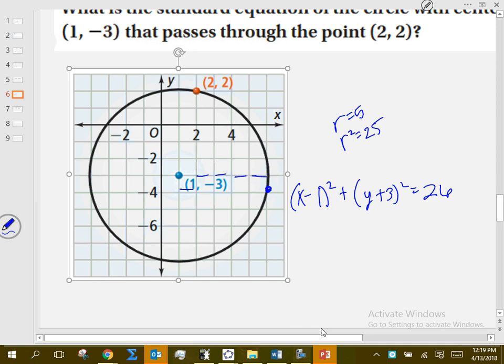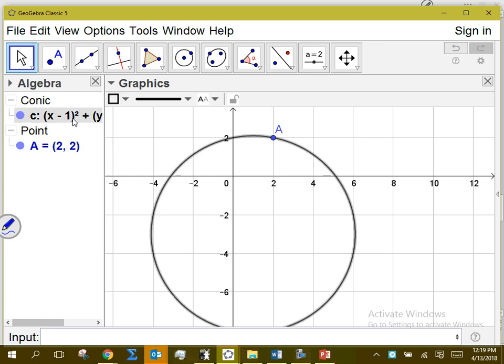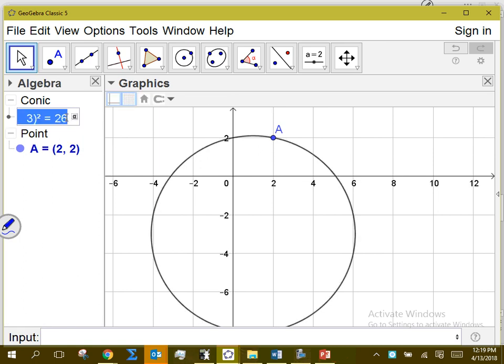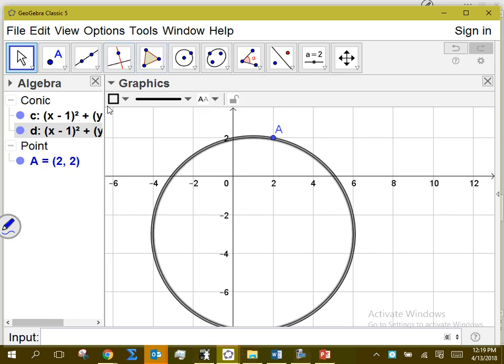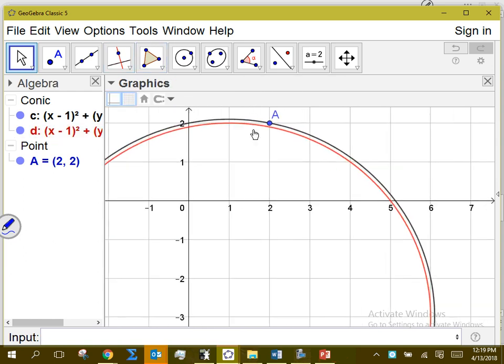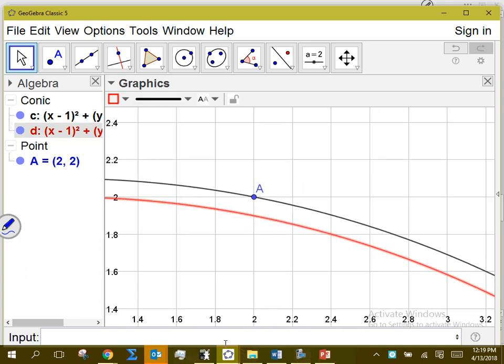Yeah, if I put 25 there, let's see what that would look like here in GeoGebra. 25 there. Okay, so it gives me the red circle. If I zoom in on 2, 2, is 2, 2 on that red circle?